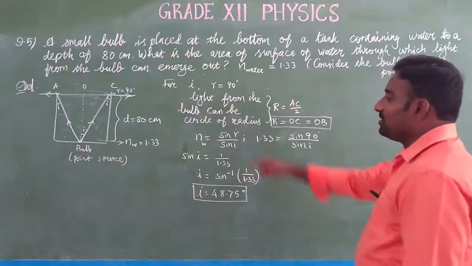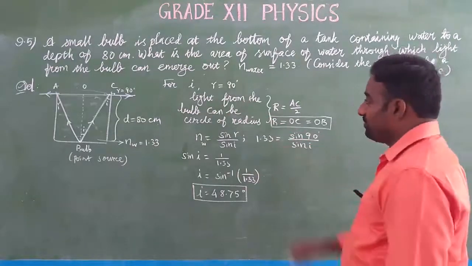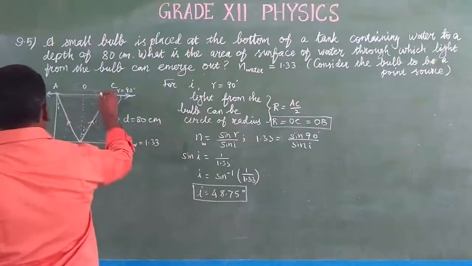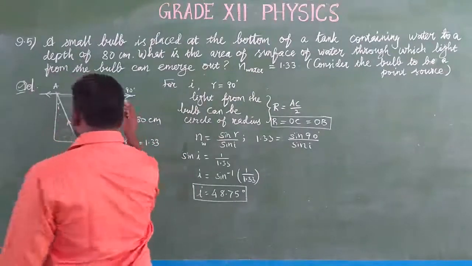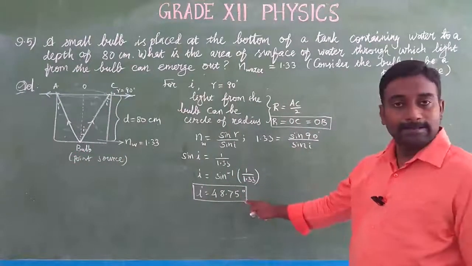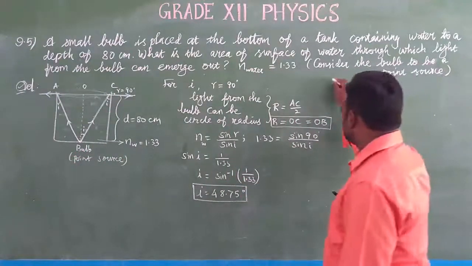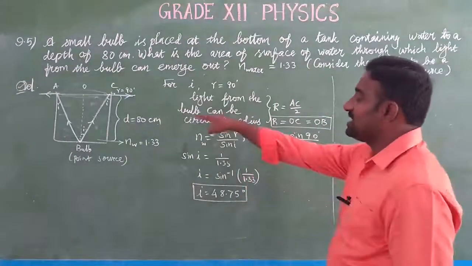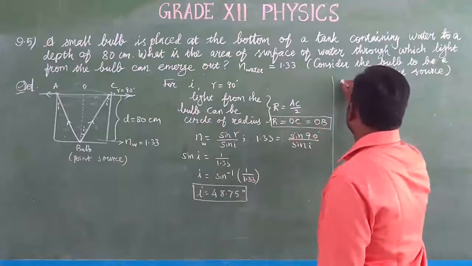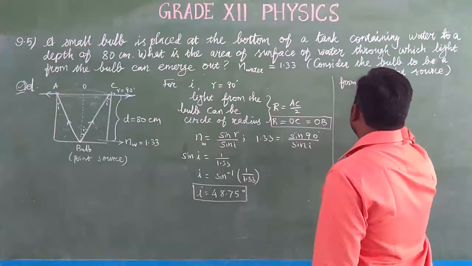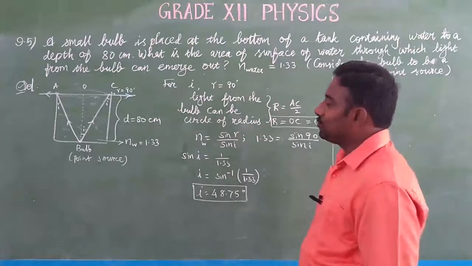The next one, from the figure we want to find the circular area. Our aim is to find the circular area. So next step, we are going to determine the radius. From step 1 we found the angle of incidence, and from step 2 we are going to find the radius. How can we find the radius? From the figure we can calculate tan i. What is tan i?